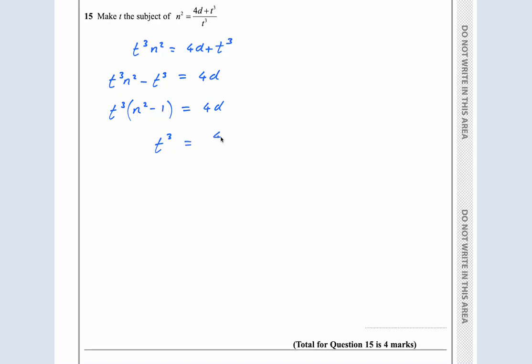So it's 4d over n squared minus 1. And then finally, if this is t cubed, to get t, I just get the cubed root of this. So it's the cubed root, make sure the 3 is in the root, of 4d over n squared minus 1.